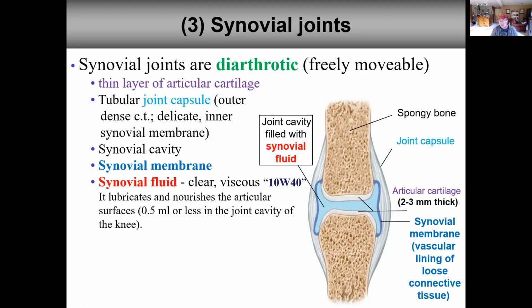It's actually a clear, somewhat snotty material if you were to see synovial fluid up close and personal. It'd be kind of thick, clear. And its purpose is kind of twofold. The primary purpose is, again, acting as a lubricant. And the other thing that it can do is supply nutrients to the articular cartilage as well.